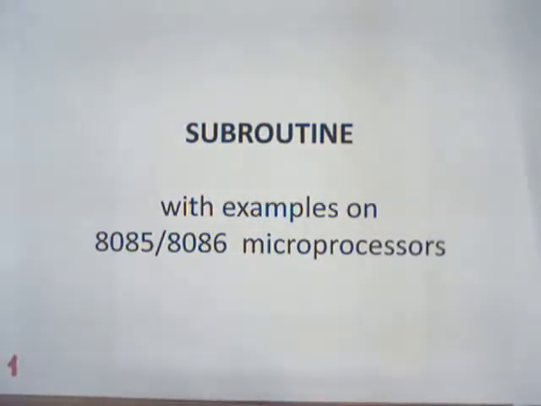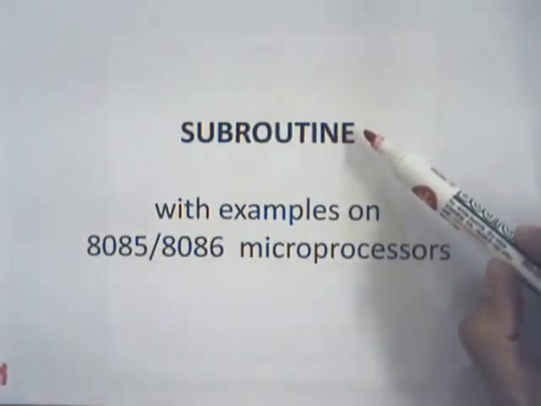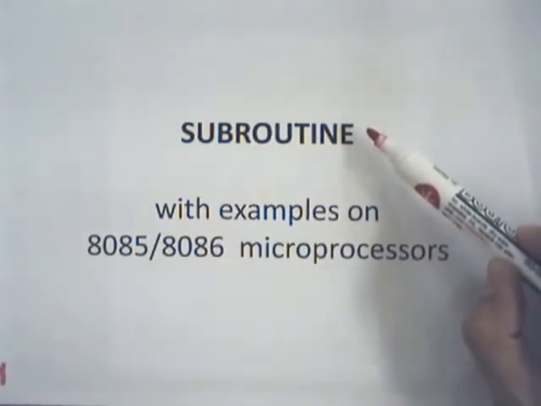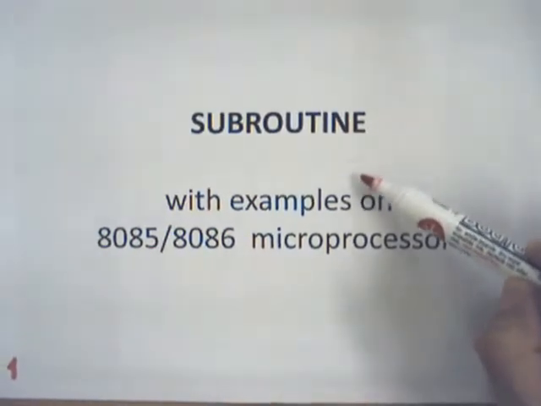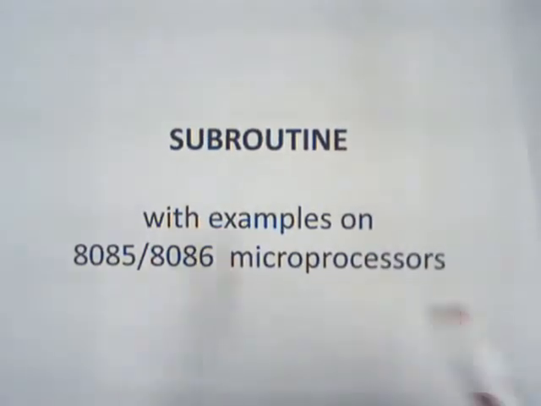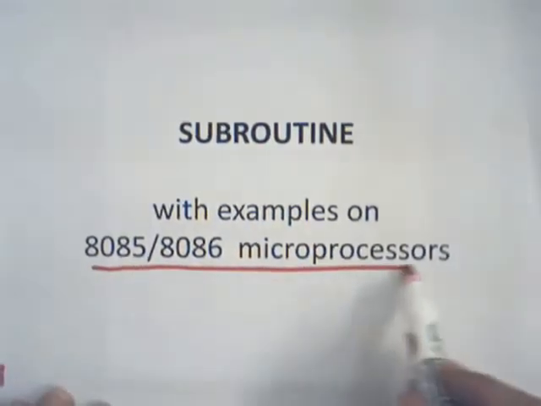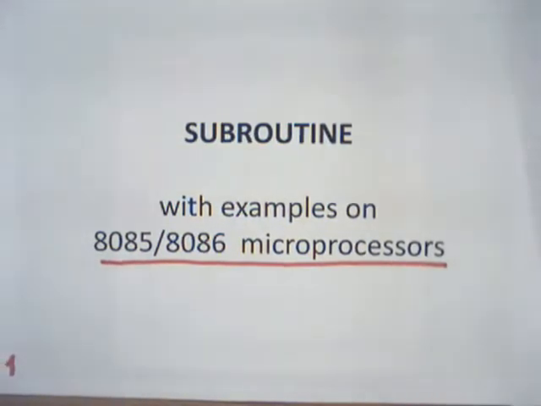In this tutoring film, we will concentrate on subroutines, one of the major essential components of software programs, and we will give examples on 8085 and 8086 microprocessors and their emulators and so on.